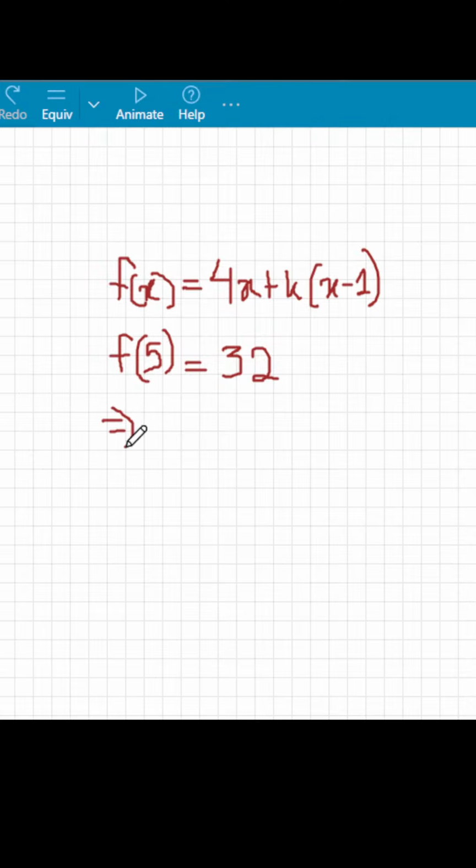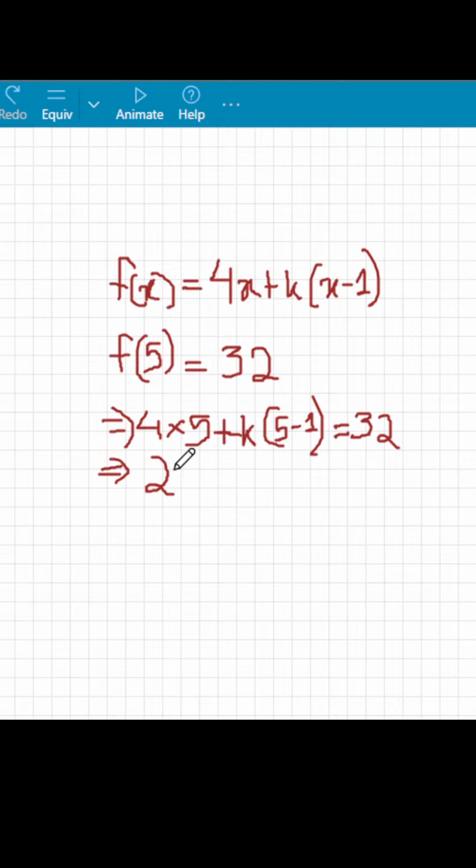So f of 5 will be 4 multiplied by 5 plus k into 5 minus 1, and that will be equal to 32. So this will be 20 plus 5k minus 5 is equal to 32.